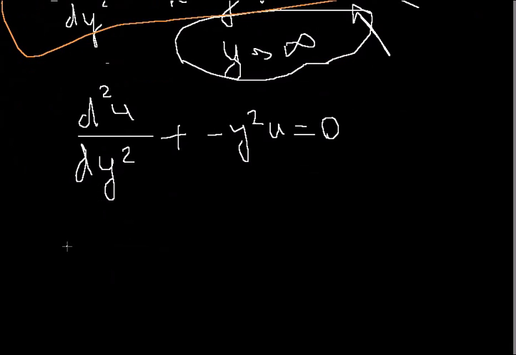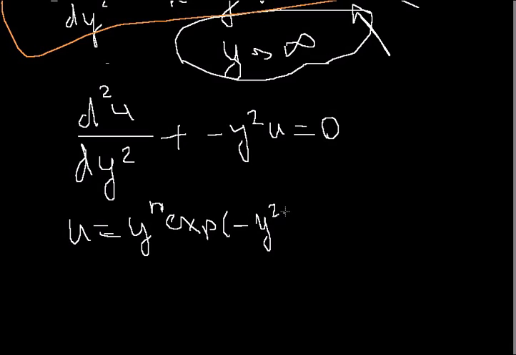Then I'll try to find the solution of these equations in the following form: y to the power n, times the exponent of minus y squared over two.